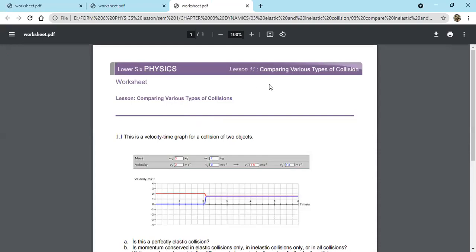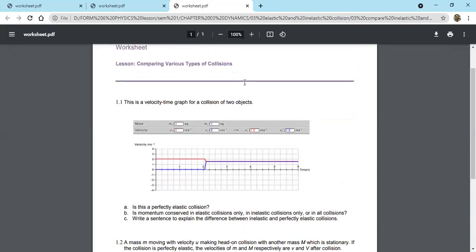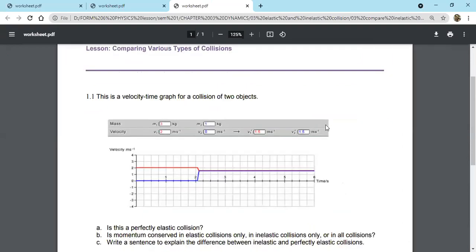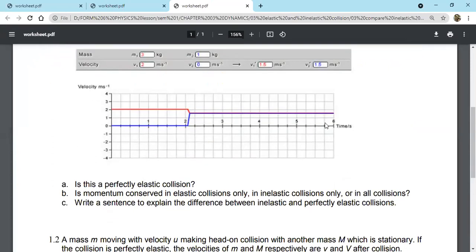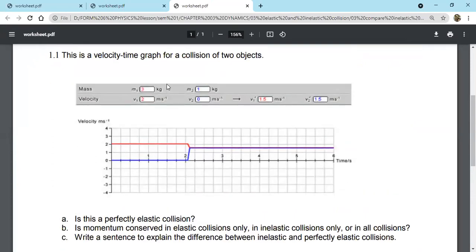Okay, for lesson 11, comparing various types of collision. This is a velocity-time graph for a collision of two trolleys. Before the collision, V1 is 2 m s^-1, with an initially stationary trolley of mass M2.